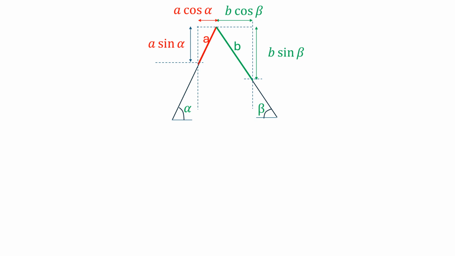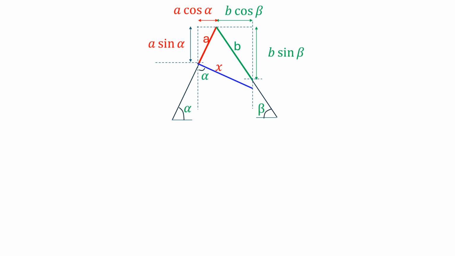Now the final point will lie on a perpendicular to the bar AB and also a perpendicular to bar BC. From this point if you draw a perpendicular, the final position of the point B will be somewhere here.